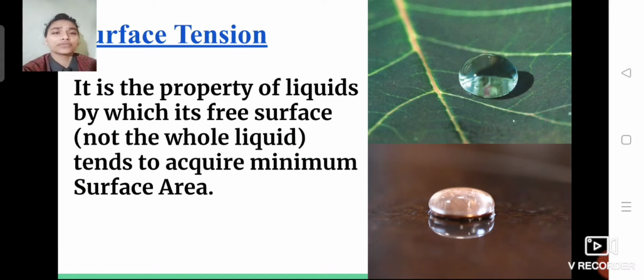So, if I were to define surface tension, it is the property of a liquid by which its free surface, not the whole liquid, it is the property of the liquid surface, tends to acquire the minimum surface area. Means due to the property of surface tension, the liquid tends to acquire the minimum surface area.